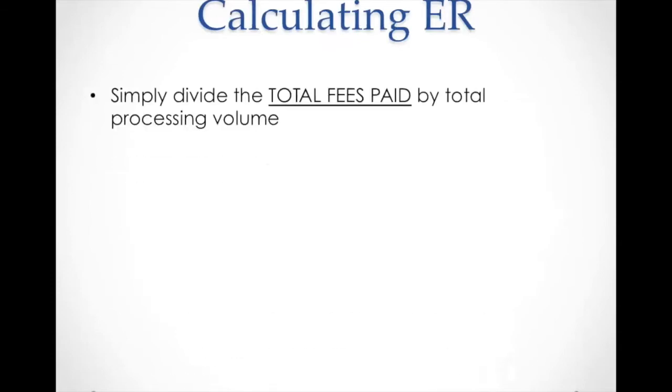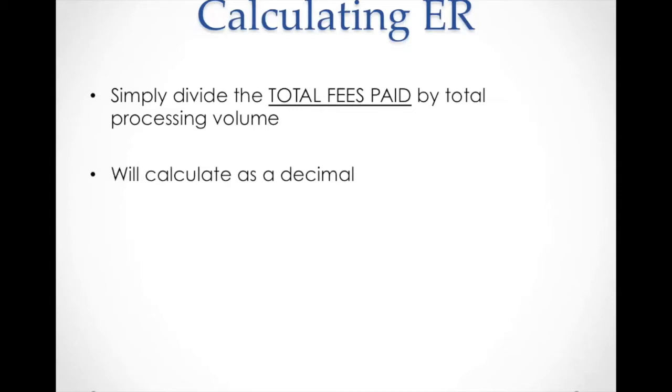So how do we calculate the effective rate? At the beginning, I said the effective rate is the bottom line. It's all that really matters to a business owner. And to find it is very simple. You can skip all the other fluff in the statement, and all you need to do is simply divide the total fees paid by the total amount that they processed in credit cards. Very simple equation. It's going to give you an answer as a decimal.